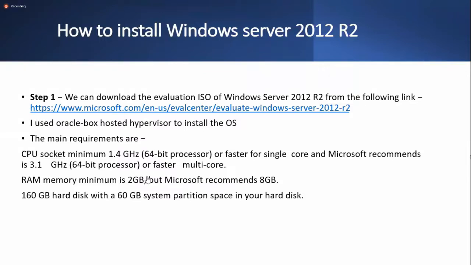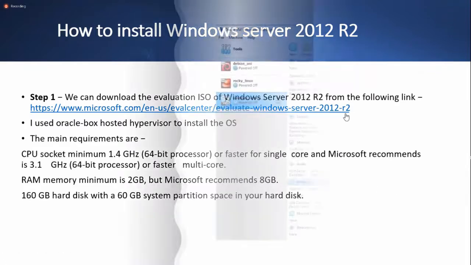For RAM, they mention a minimum of 2 GB, but Microsoft recommends 8 GB of memory, and they say 60 GB for the operating system. But in my case, I used 30 GB of hard disk.